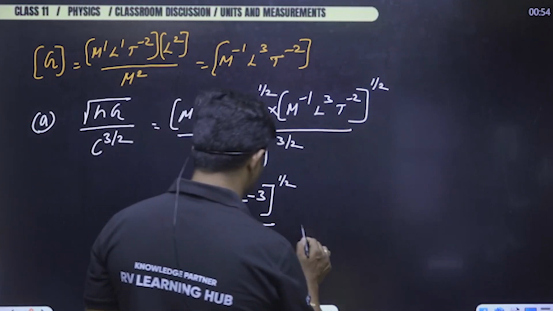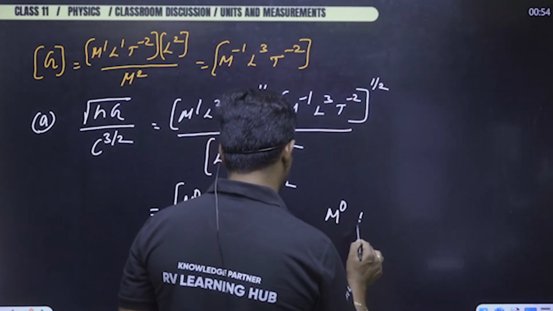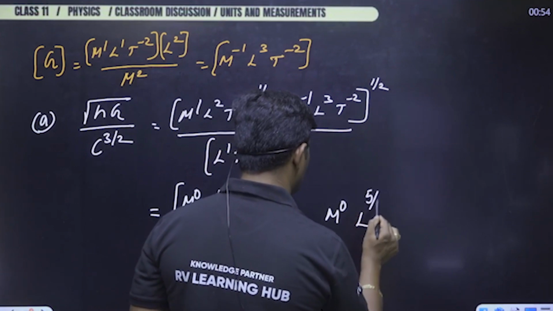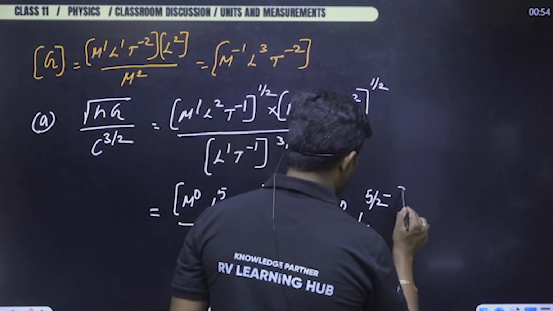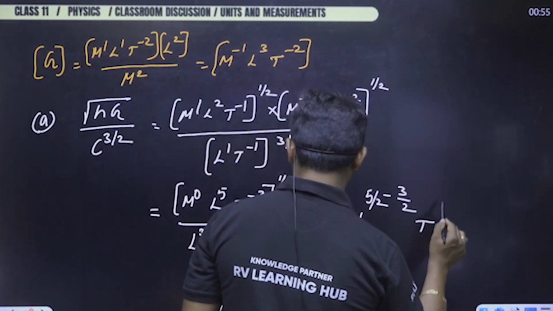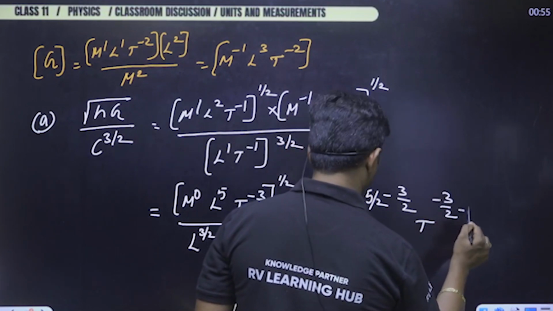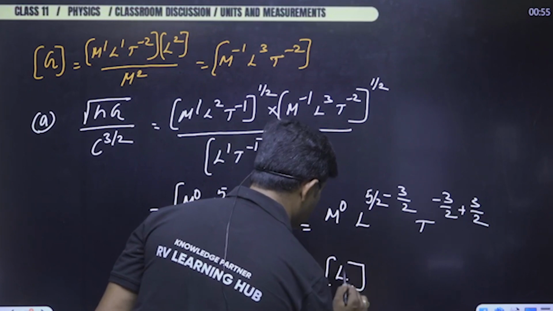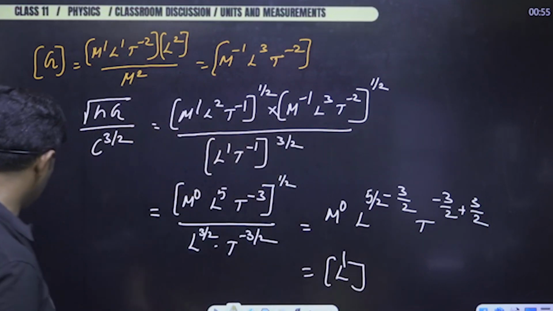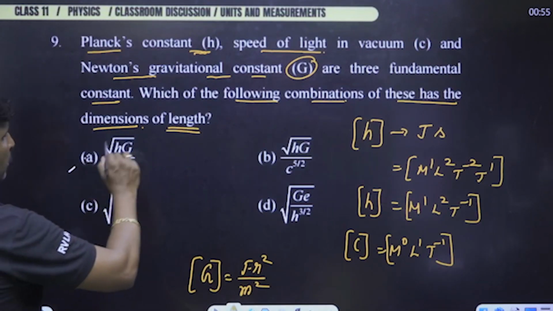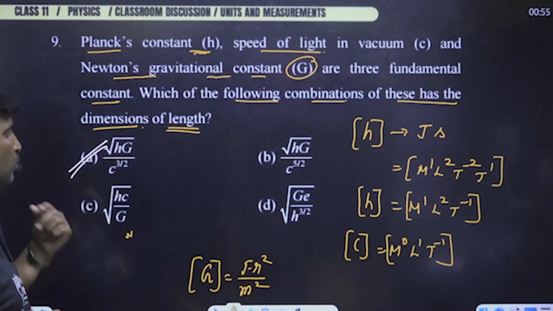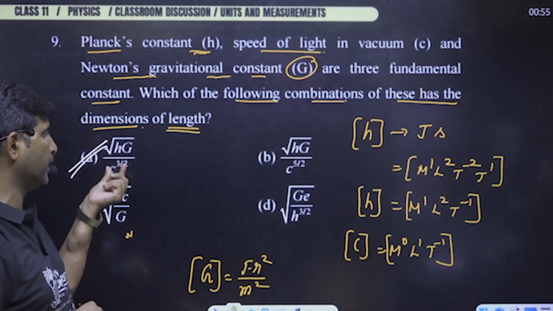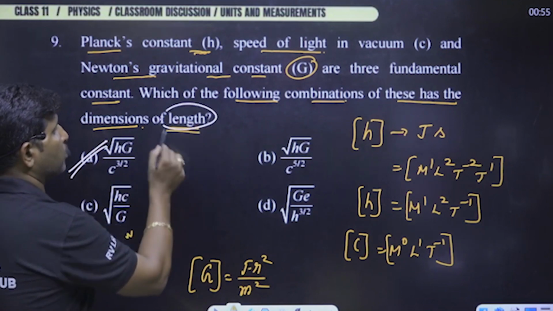Whenever we simplify this, you will get L to the power of 5 by 2 minus 3 by 2, and T to the power of minus 3 by 2 plus 3 by 2. Then you will get the dimension L to the power of 1. That means this quantity, root h into capital G divided by c power 3 by 2, will have the dimensions of length.